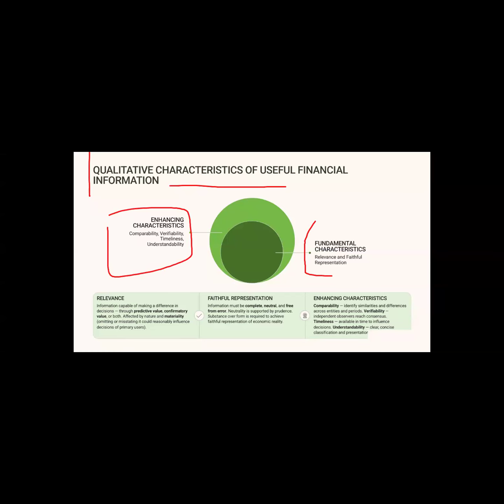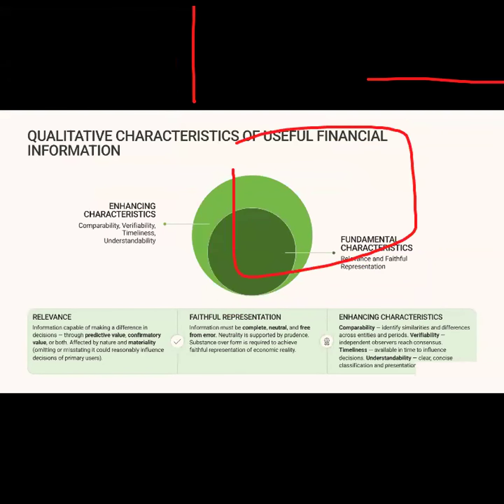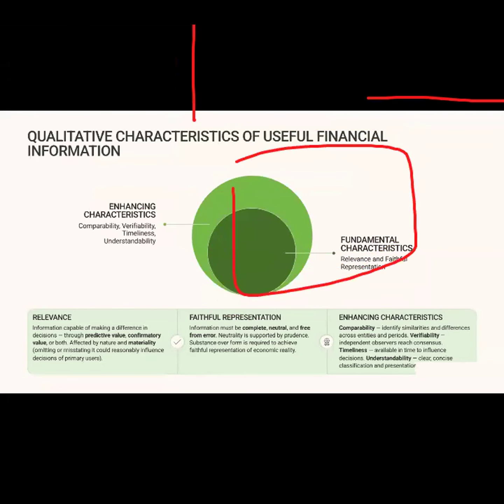Those are the basic, the foundational characteristics. Under the fundamental characteristics we have two more: relevance and faithful representation. What do relevance and faithful representation mean? Any idea?